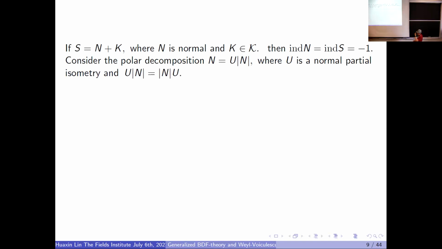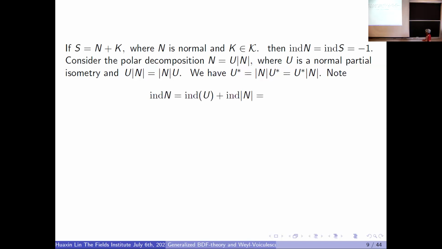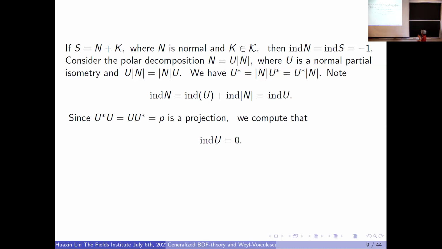it commutes with the absolute value of N, and you can compute what U star is, and then compute what the index looks like. The index of U would be the index of N. But U star U and U U star are the same, it's normal, so it's a projection P; then of course you compute that it's unitary and has index 0.